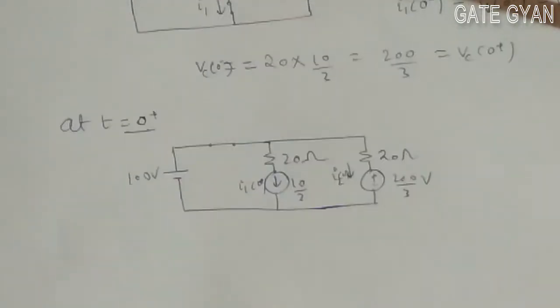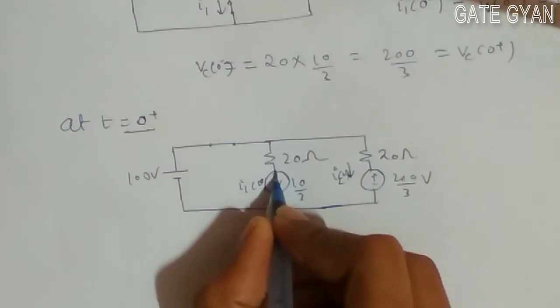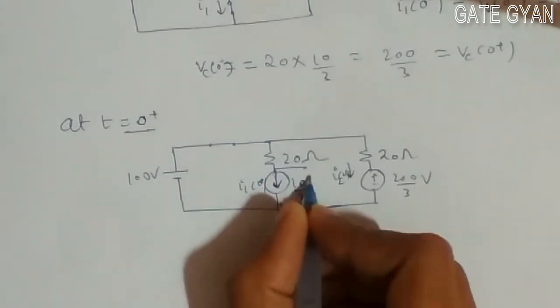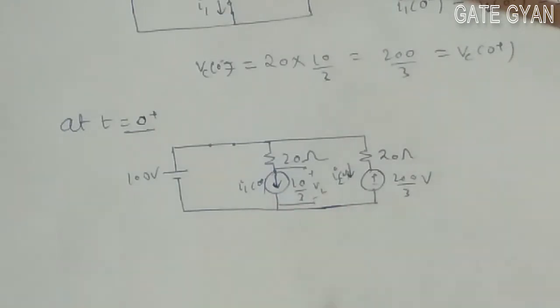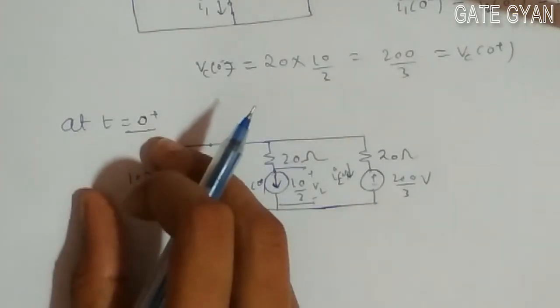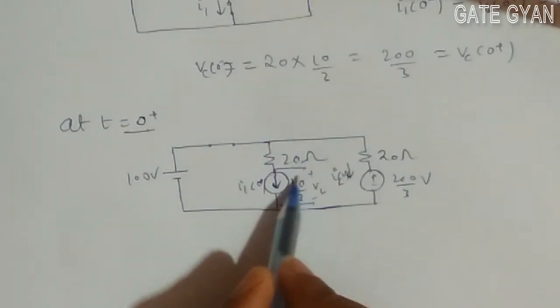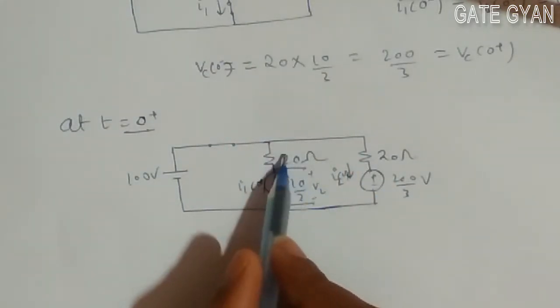From here I can say that there will be a voltage across this inductor, which will be plus minus VL. So my complete 100 volt will appear across this, and this 10 by 3 ampere current is flowing through 20 ohm.